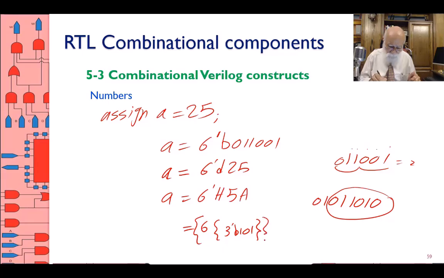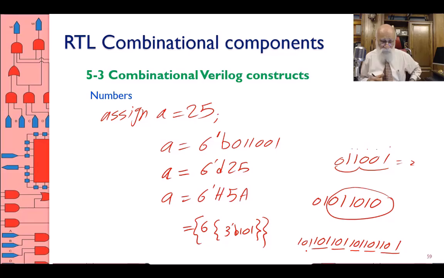This gives you 101, 101, 101, 101, 101, 101, 6 times. And these are curly brackets. These are the replication operator, which we also use for concatenation. So that's all I want to say about numbers.